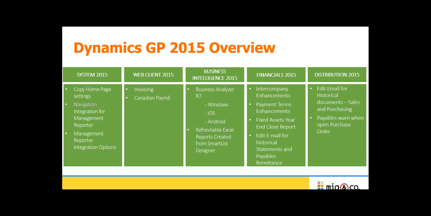And that whole idea of control and productivity, allowing folks to have the ability to control their destiny. I get to decide as the controller whether or not the management reporter data in a particular company flows through to management reporter. So those are the areas I think that most signify the changes in GP 2015.